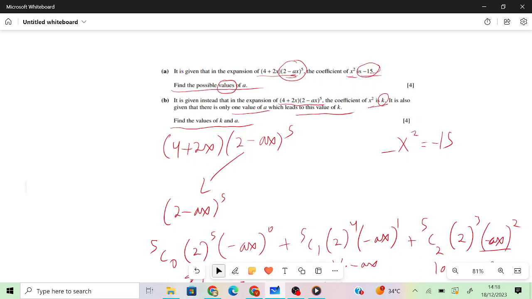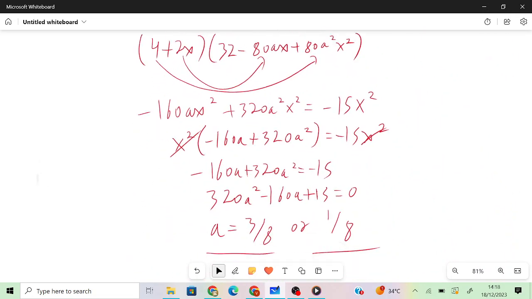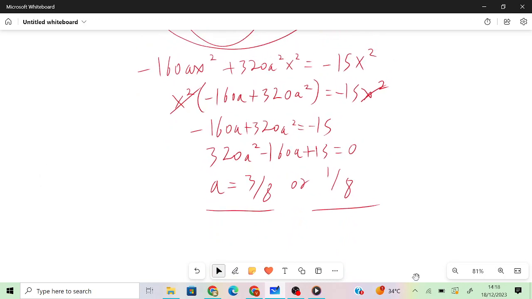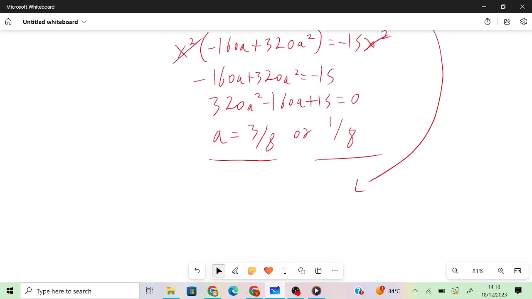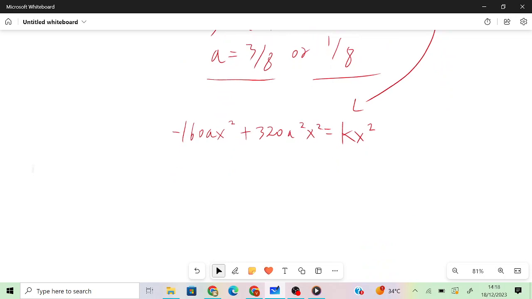So there's no need for us to do all this expansion again because it's just the same. It's just that from this part over here, it now turns into something like this. It becomes minus 160ax squared plus 320a squared x squared is now equal to kx squared, because part B says the coefficient of x squared is now k.